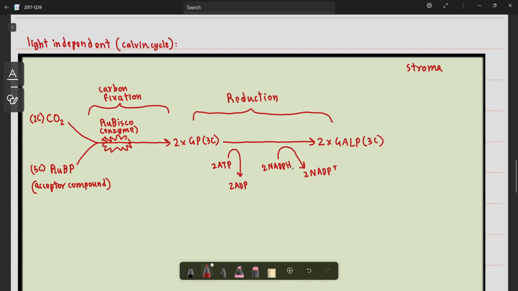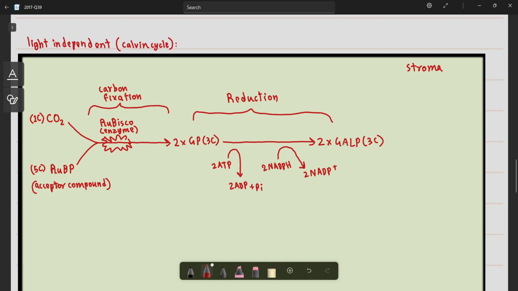This reduction occurs by NADPH, which provides the proton to the two molecules of GP to be reduced into GALP. This process requires energy, which is provided by ATP.